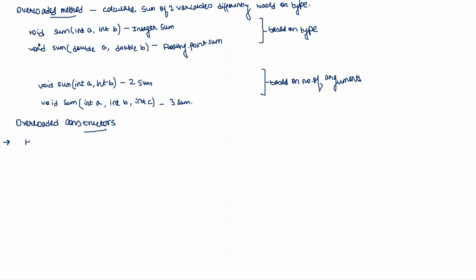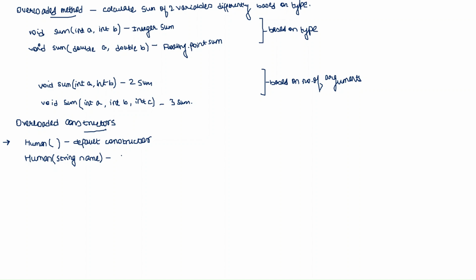Let's say that I have a class Human, which has a constructor. This is the default constructor. It has no parameter list. But let's say I want to instantiate a human object, just for example purposes, with just their name.